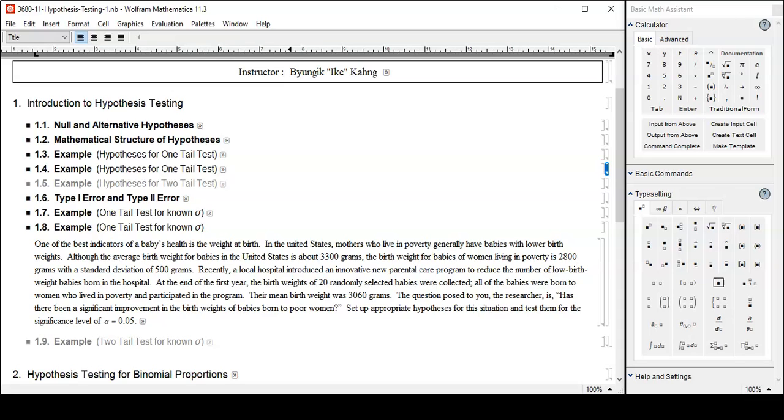And then a certain group of researchers in a hospital tried some new prenatal care program to improve this low birth weight for babies being born from women in poverty. And they were able to improve a little bit, to 3,060 grams, based upon a simple random sample of 20.